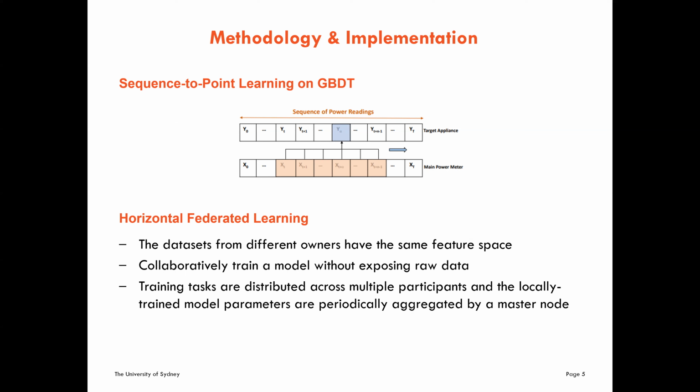Also, our framework achieves horizontal parallel learning. In horizontal parallel learning, the data is managed by different owners, and the training tasks are distributed across multiple participants, and the locally trained model parameters are periodically aggregated by a master node. So by using such a learning paradigm, we can train a model without exposing the raw data.